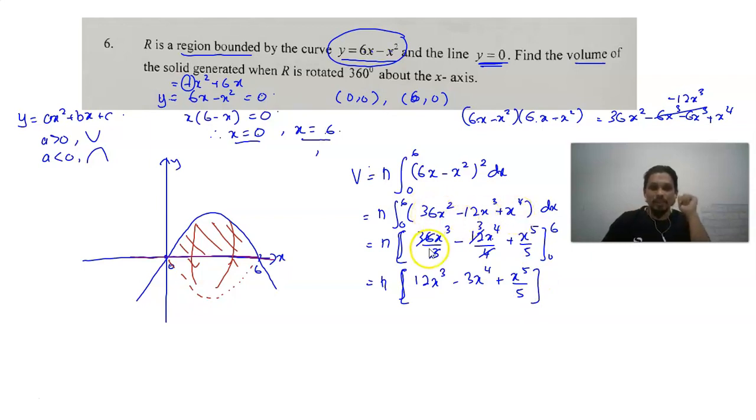From here we integrate and simplify, then we got this one here, from 0 up to 6.